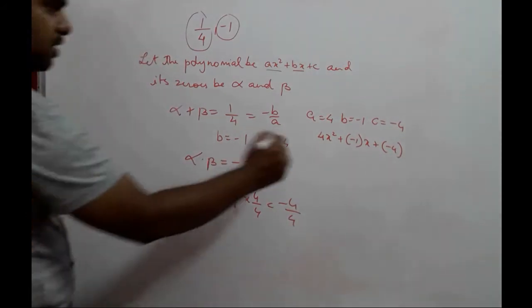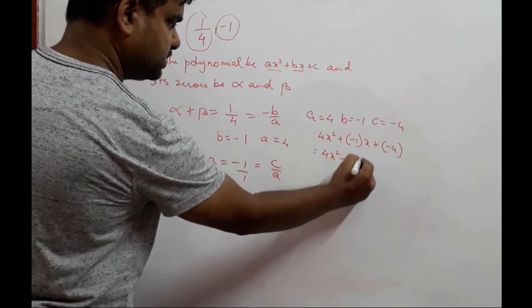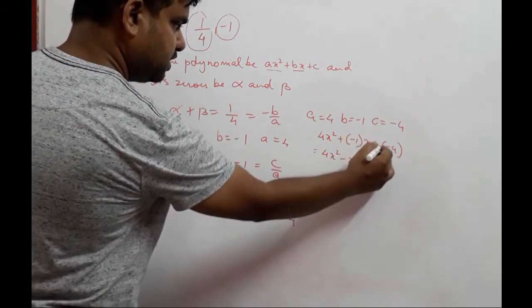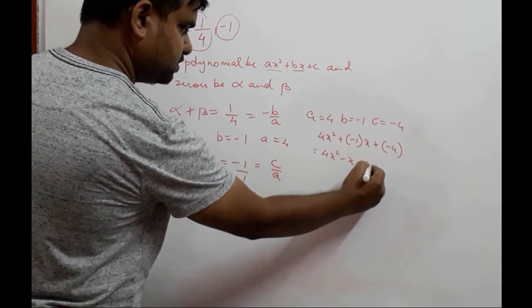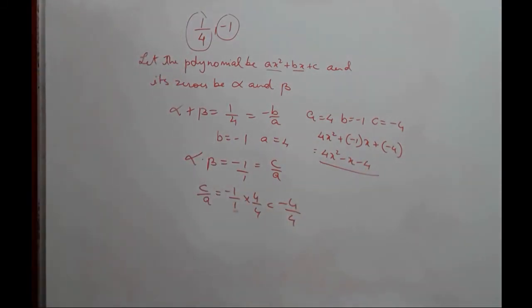Now moving further, we will take 4x square minus x minus 4. So this is the quadratic polynomial that we were looking for.